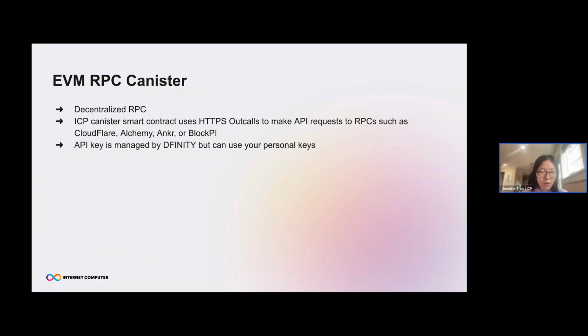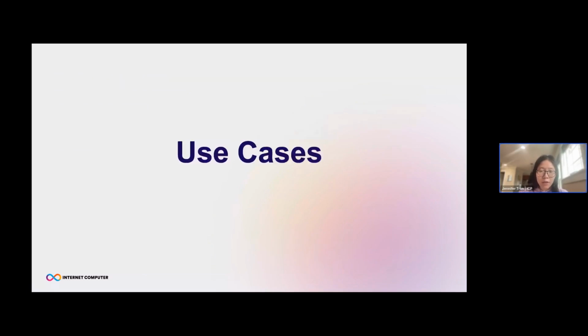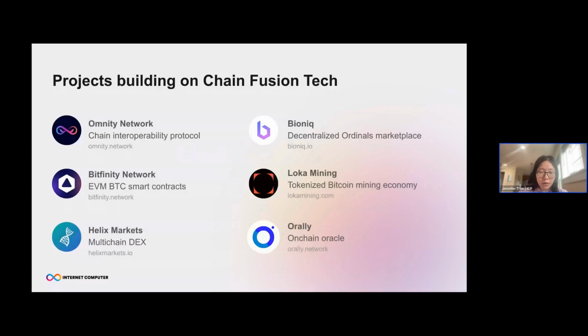So we also offer this on EVM, like I mentioned, and in the future we'll also have one for Solana. In terms of use cases, we've also heard from projects during the Educate series, and the last Educate series as well, that are using Chain Fusion. We've heard from Bionic, which builds a decentralized ordinals marketplace.